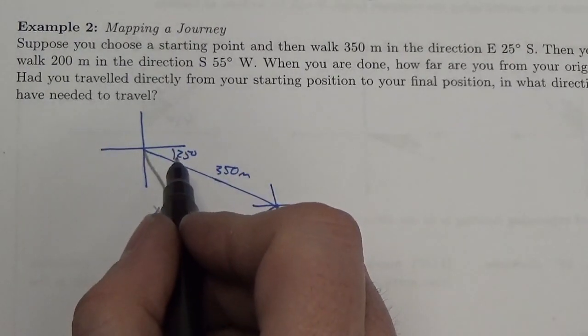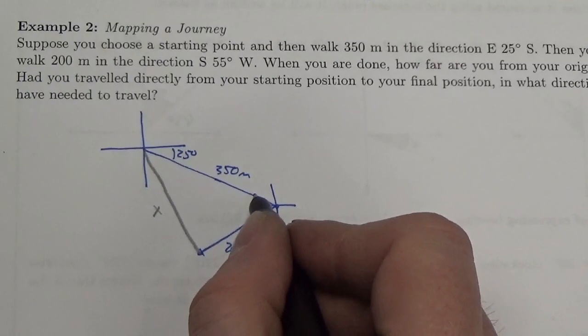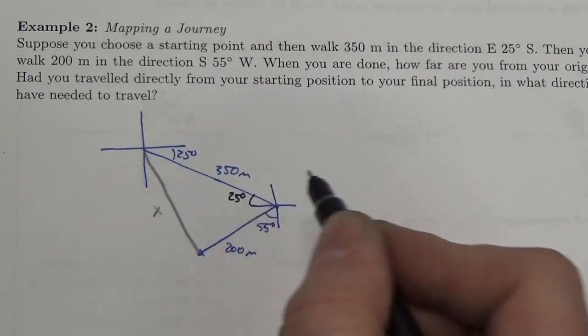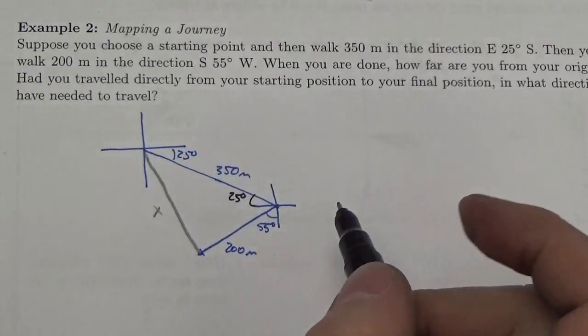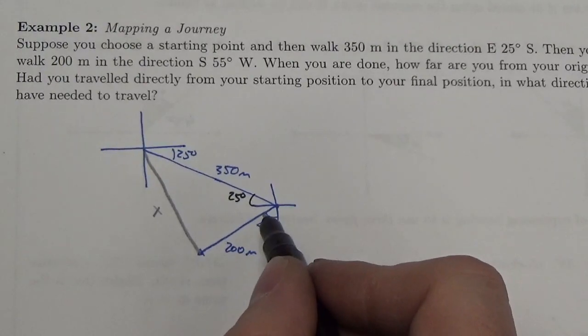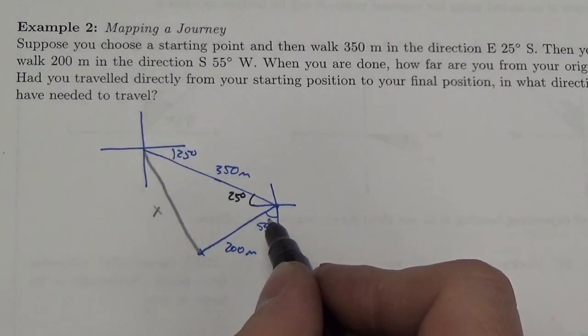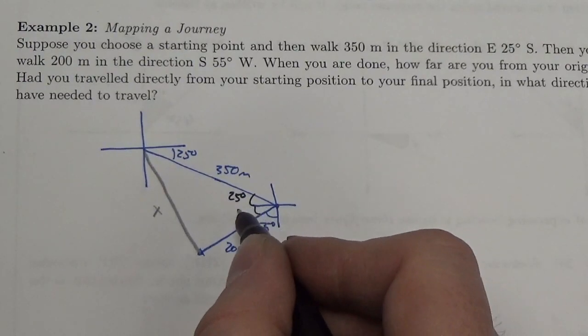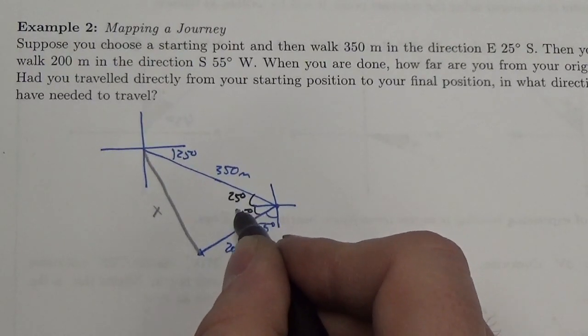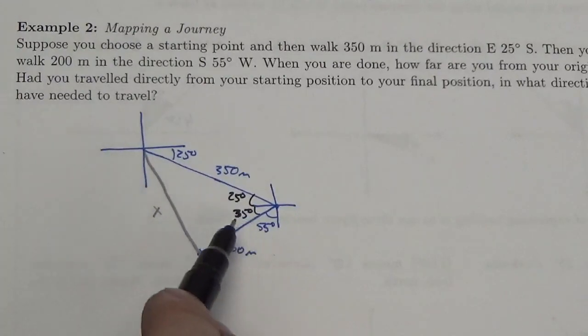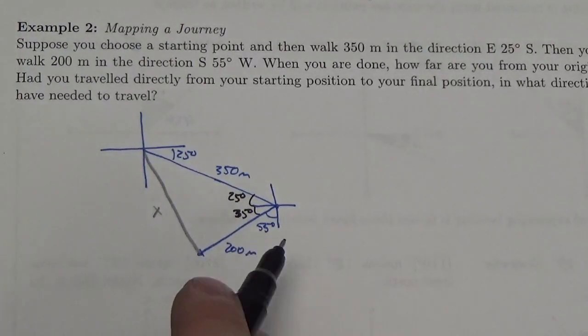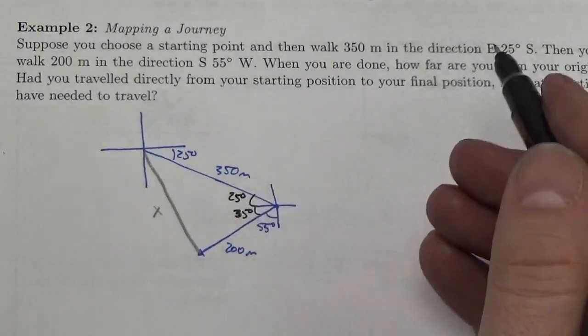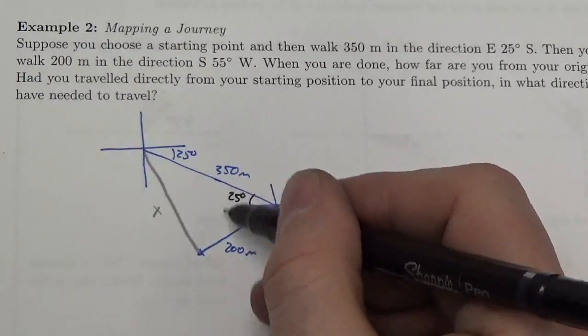So I know that if this is 25 degrees, I also know that this angle right here is going to be 25 degrees. I also know that if this is 55 degrees right here, that this angle inside here is going to be 35 degrees, right? Because these have to add up to 90. Now, put those together, and I've got a 60-degree angle inside there.